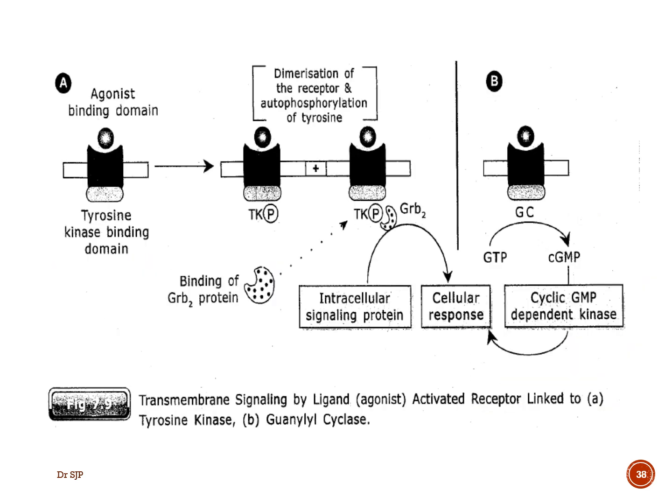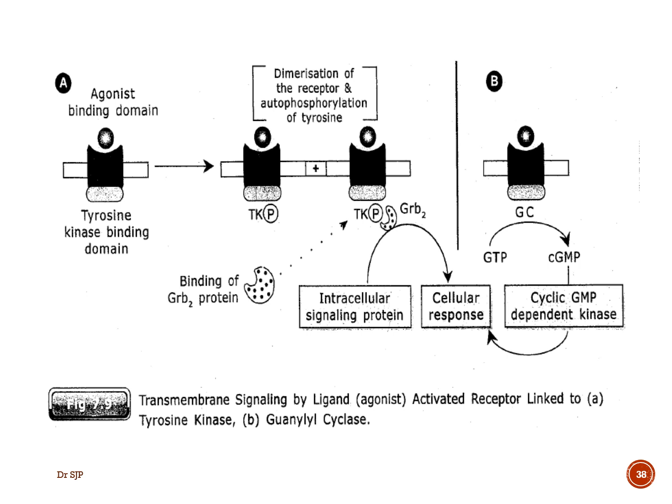So in this figure, you can see the enzyme kinase linked enzyme receptors and their transmembrane signaling by the ligand, that is your agonist. So these receptors are directly linked to the tyrosine kinase or to the guanylate cyclase, right?